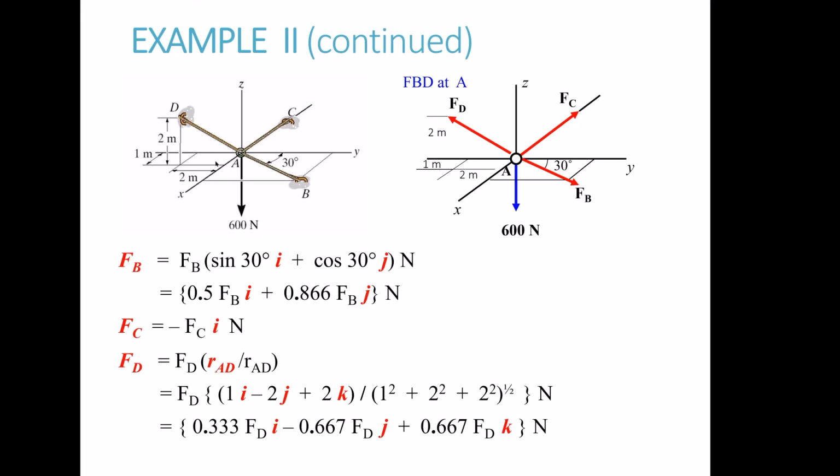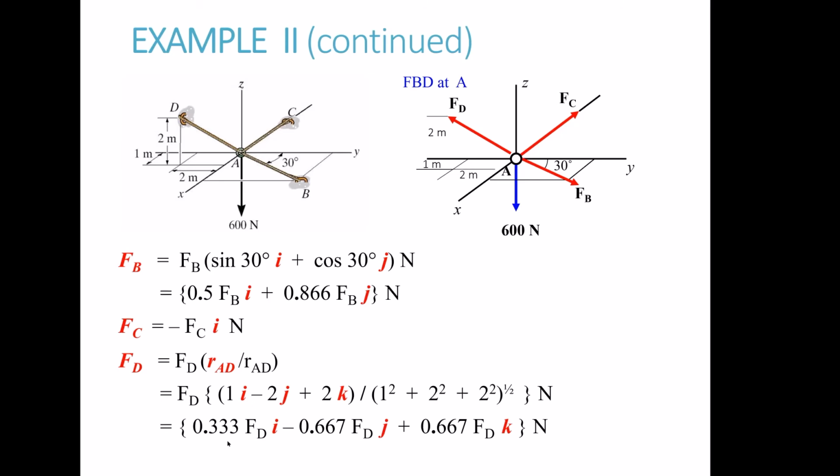In the y direction, it's -2, and in the z direction, it's up by 2. So 1, -2, and 2. And then we just divide each of those components, or the whole vector if you want, by its magnitude. So here's its magnitude, the length of this cable, all right?